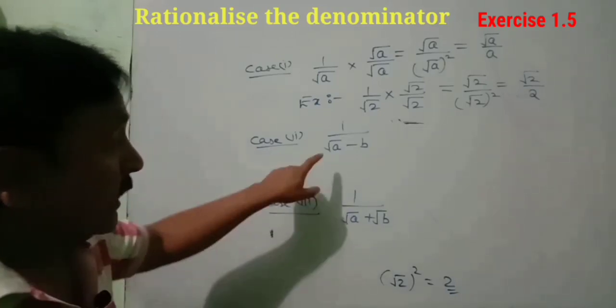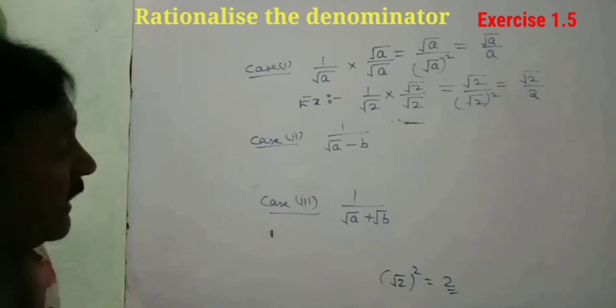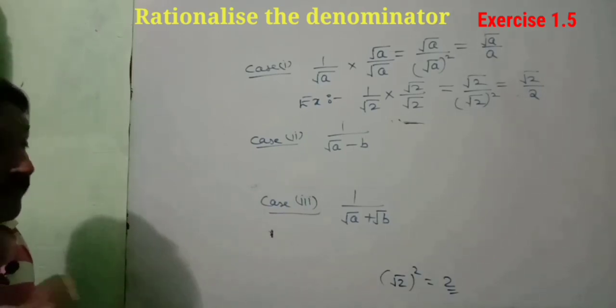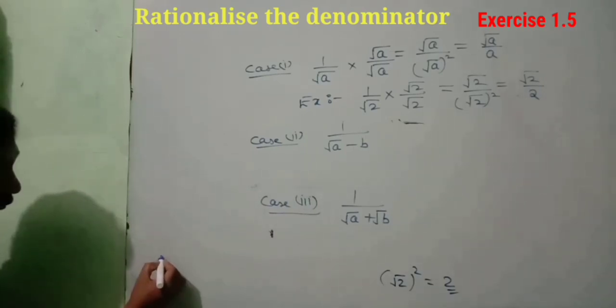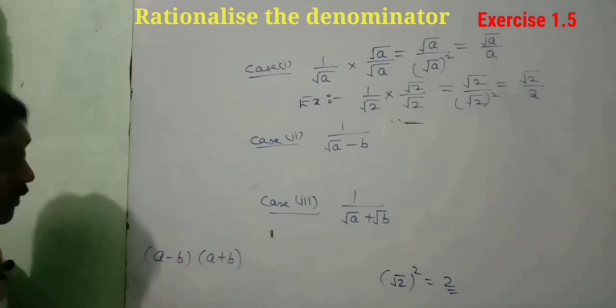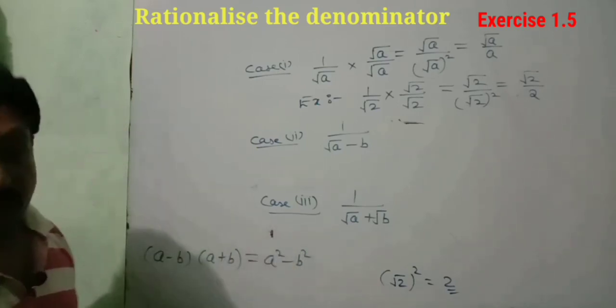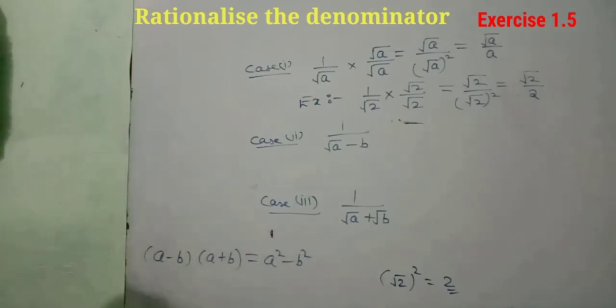Okay. Now come to case second and case third. For solving case second and case third, we will use the identity. Which one? A minus b, a plus b, because it will give as a result a square minus b square. We have seen it, yes, we have seen it many times.